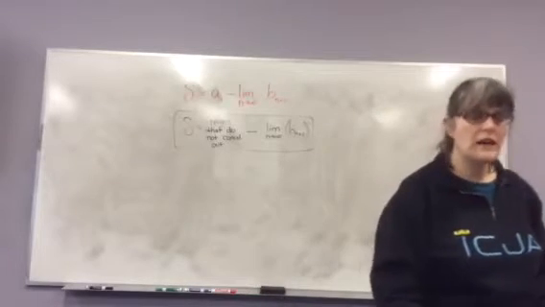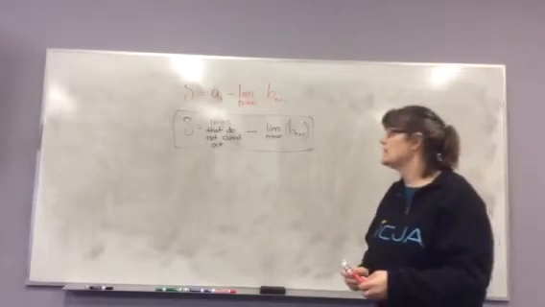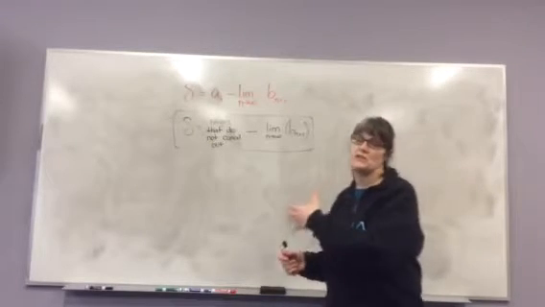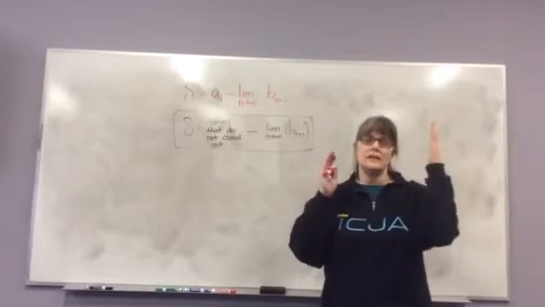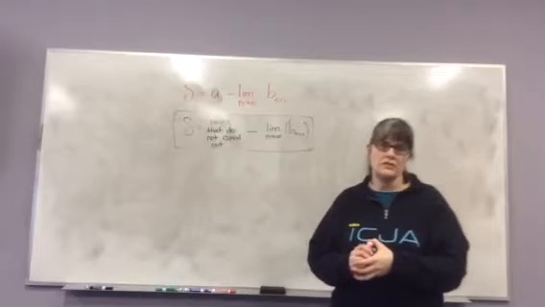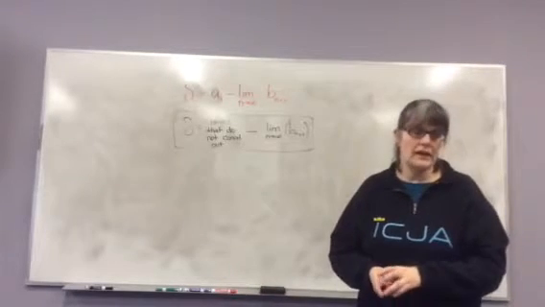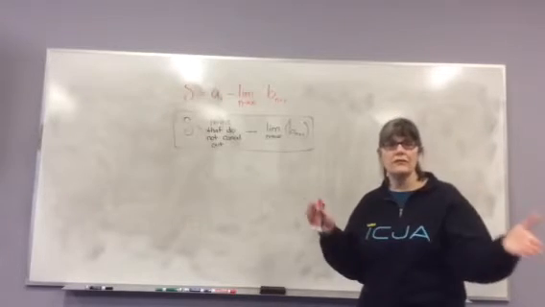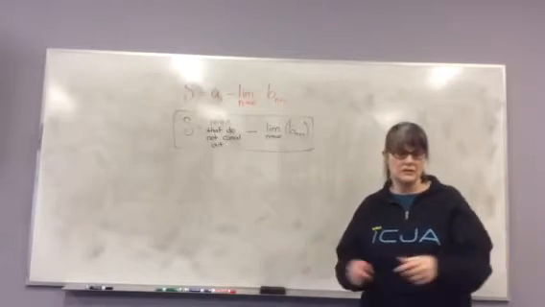Now, how am I going to recognize a telescoping series? That becomes important. Like I can recognize a geometric series because it's r to a power, and r is generally a fraction. I can recognize a telescoping series because it's going to be the difference of two fractions.